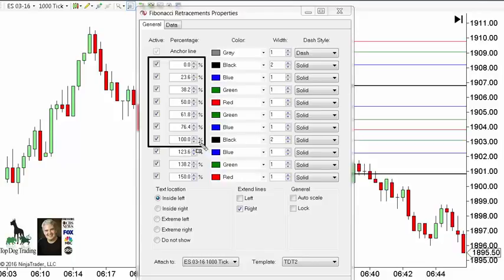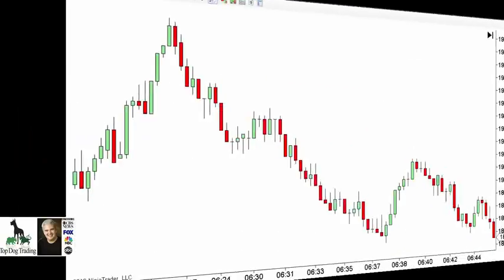So we've got 0%, it doesn't retrace at all, 23.6, 38.2, 50, 61.8, 76.4, and 100. You can write those down if you need to, or import them into your own charting platform, and I'll show you what it looks like in just a moment.